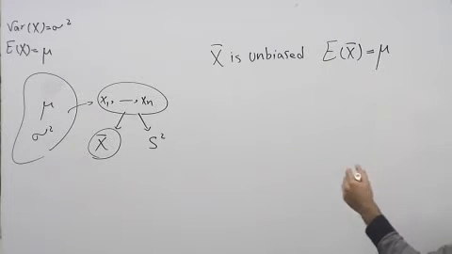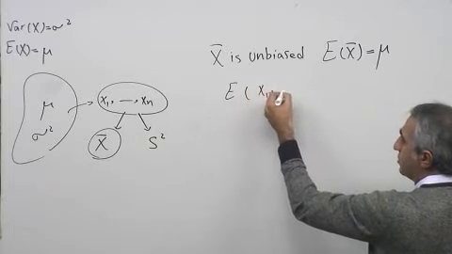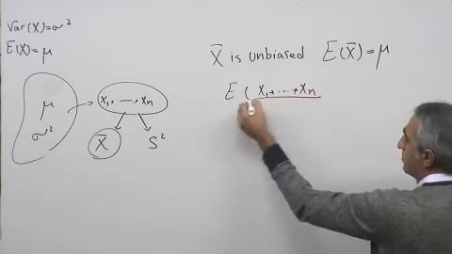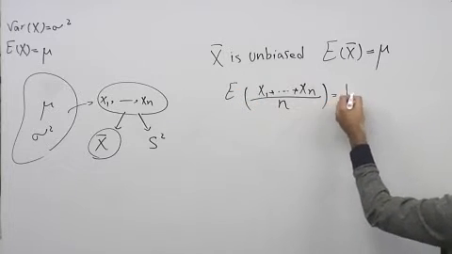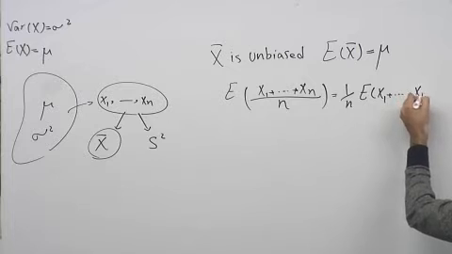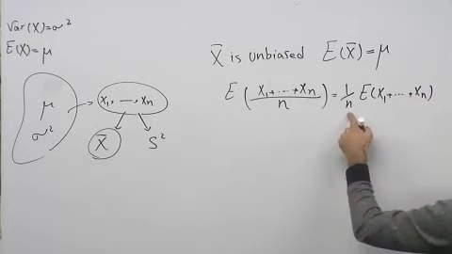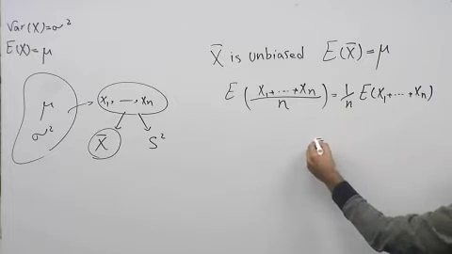Okay? So what is the expected value of x bar? And actually we showed this before, but just to review. So it's 1 over n times the expected value of this guy. Because this is constant, we can take it out of the expected value. And the expected value of a summation is what?